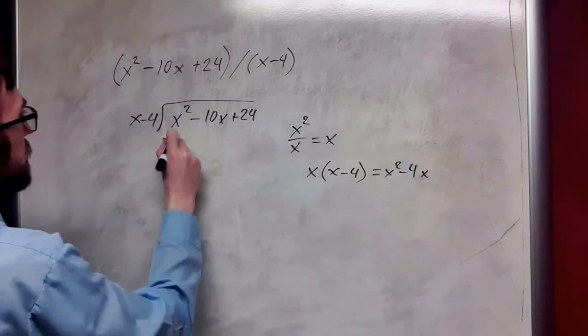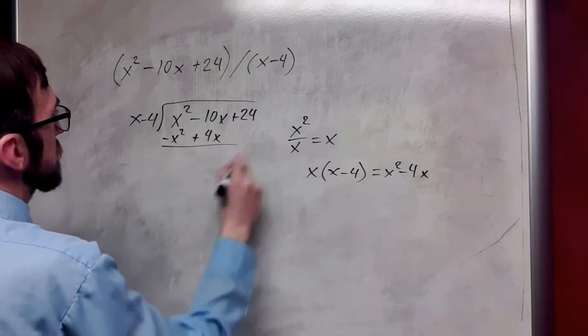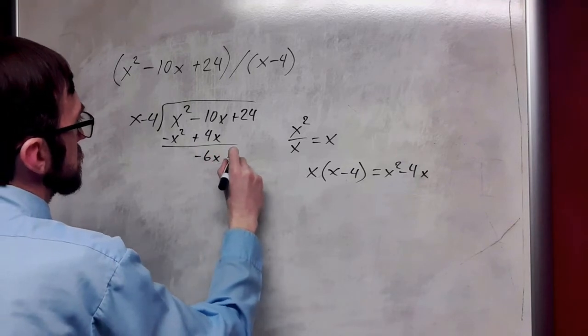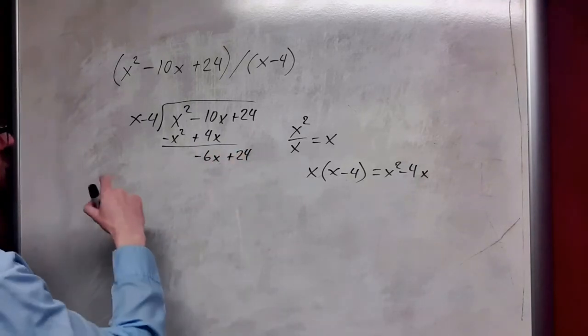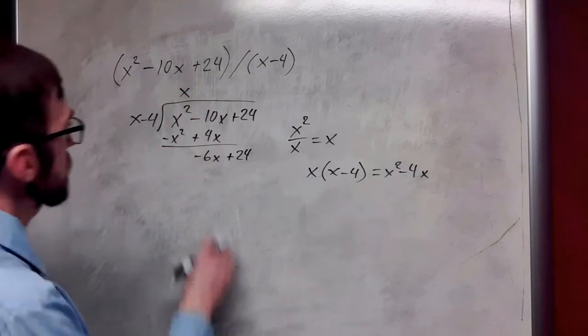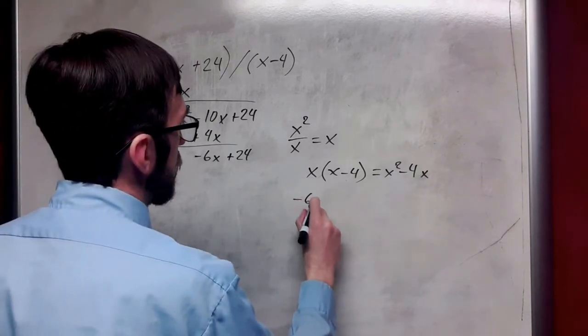And I'm going to subtract that from the number on the inside. And this is x up here. That's what I multiplied here. Now looking at these terms, I can do another ratio and divide.